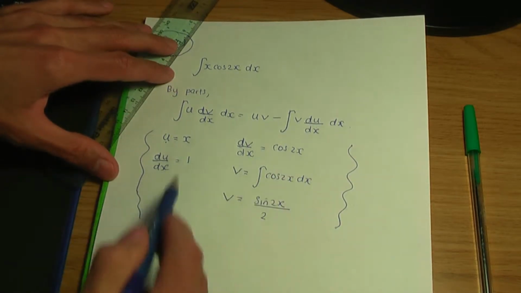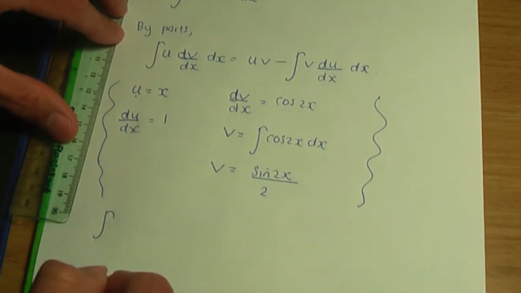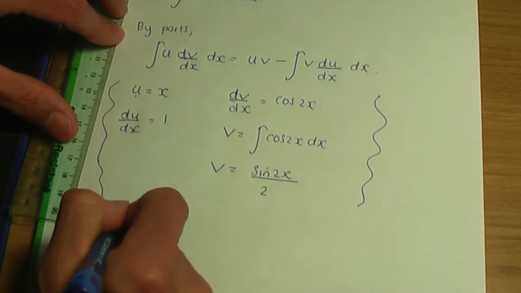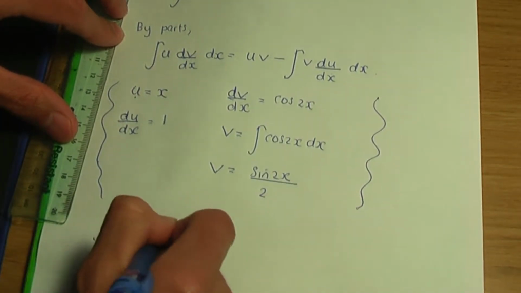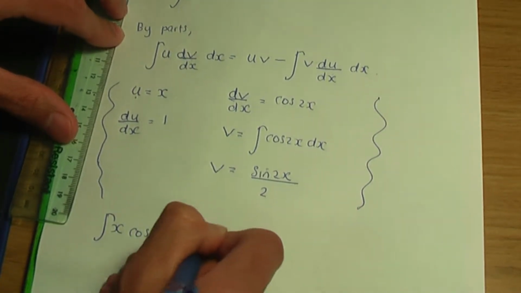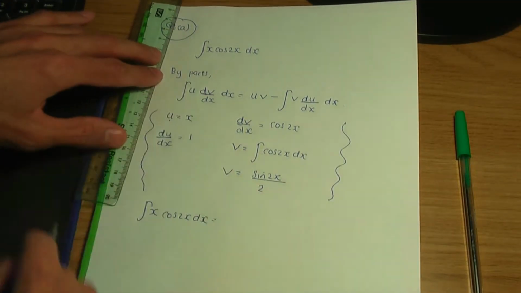Now let's substitute this data into the by parts formula, giving us the integral of u, which is x, dv over dx, which is cos 2x. So the left hand side corresponds to the question.